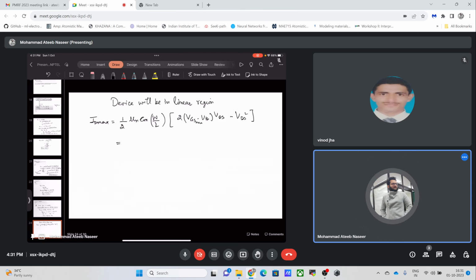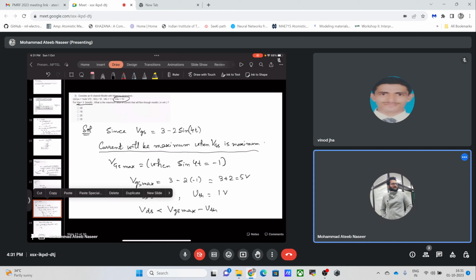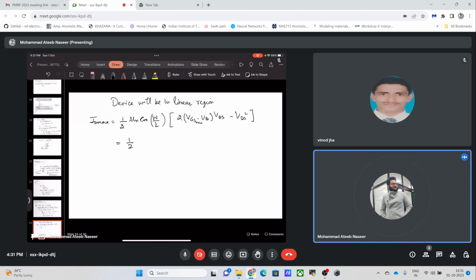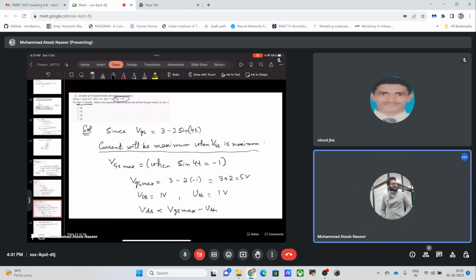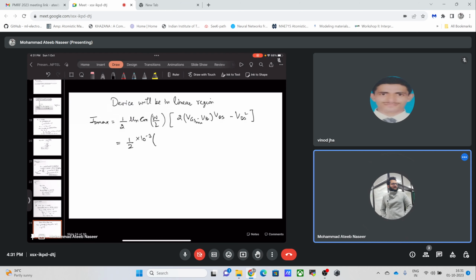Okay, so this is 1 by 2, mu n Cox is having the value of 1 milli, so it is 10 to the power of minus 3. W by L is having the value of 10. Okay, 10 times 2 into VGS max minus 1, which is 5 minus 1, times VDS which is 1, minus 1 whole square.